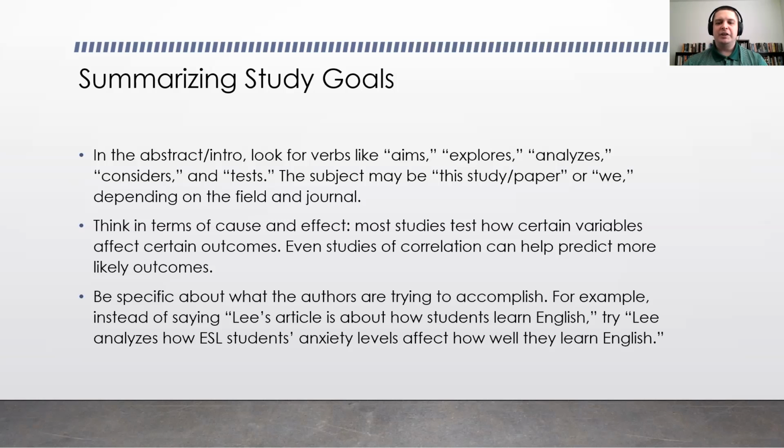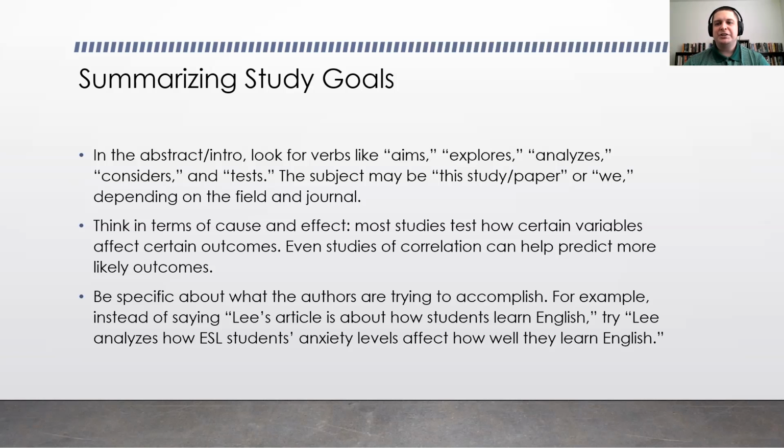So an example here, you could read a particular study and say, oh, Lee's article is about how students learn English. And in itself, that's not wrong. It's accurate, but it's only accurate to a point, partly because a lot of other studies, probably including all of the other ones you're looking at, are about how students learn English if you're in that particular research field.